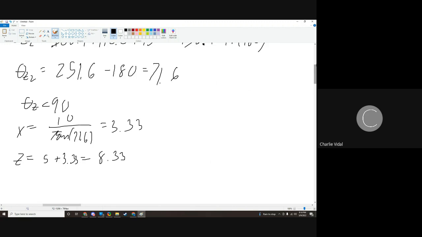And to draw that on a graph, this is the s desired, and this is 3.33x. And this whole distance is z is equal to 8.33, right?